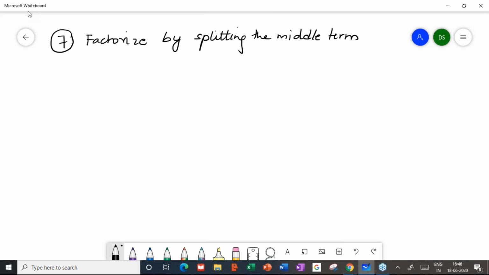Correct? So in this case, what do you do? Suppose it's ax square plus bx plus c, you first write ac, and then you find factors of ac and write b in such a way that it equals ac.